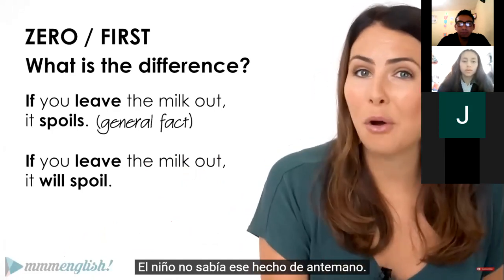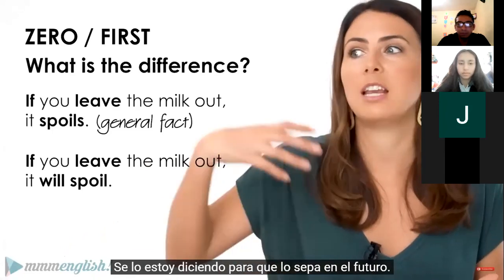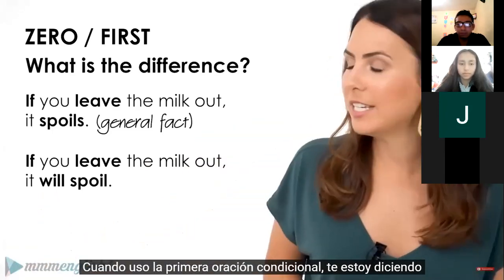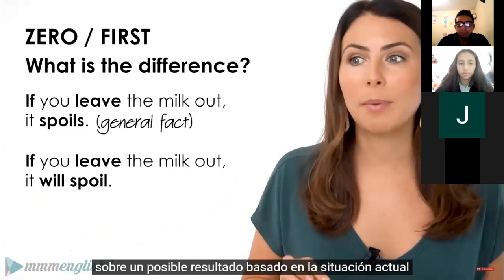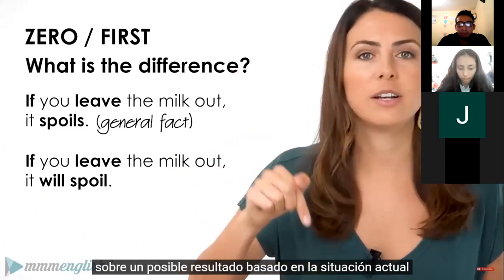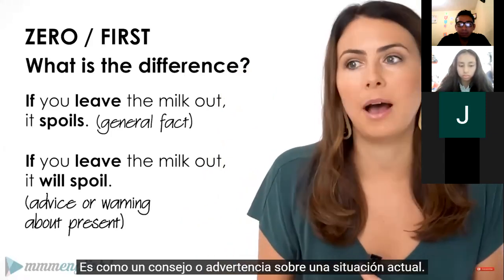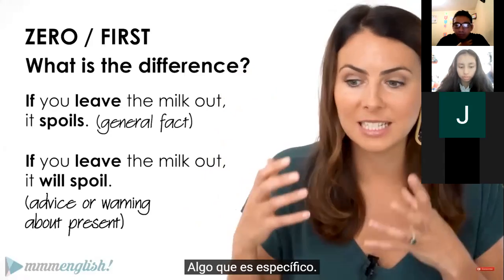The child didn't know that fact beforehand. I'm telling them so that they know in the future. When I use the first conditional sentence, I'm telling you about a possible outcome based on the current situation. So it's like advice or a warning about a present situation, something that is specific.